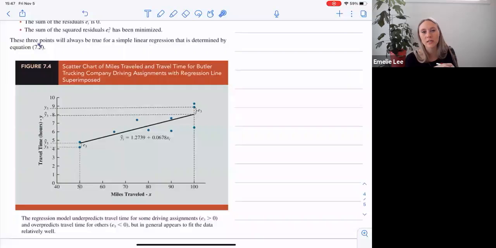We're trying to predict the travel time based off of how many miles they have to travel. Based off this sample, we can make predictions for, say, someone going 60 miles.